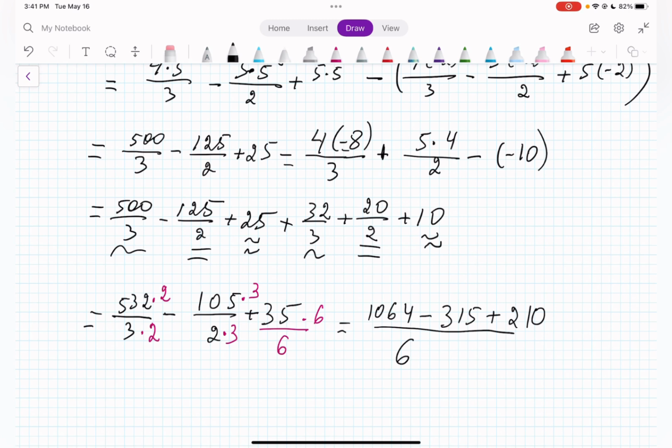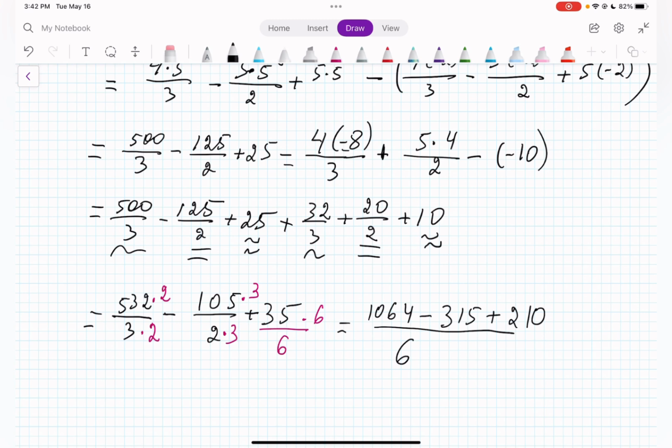Okay, so I'm going to punch on calculator real fast. I don't want to do by hand. So 1064 minus 315 and plus 210.